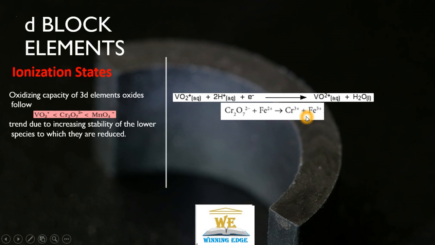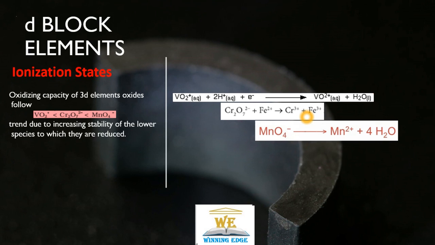Dichromate goes to the +3 oxidation state from +6. And permanganate from +7 to +2. So looking at it, the relative standard electrode potential for this MnO4 is far greater compared to this vanadium ion.